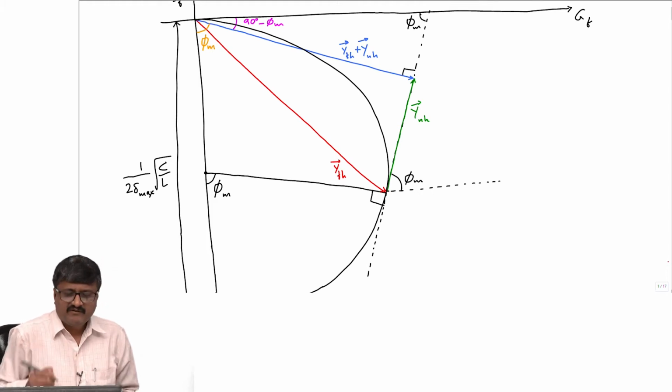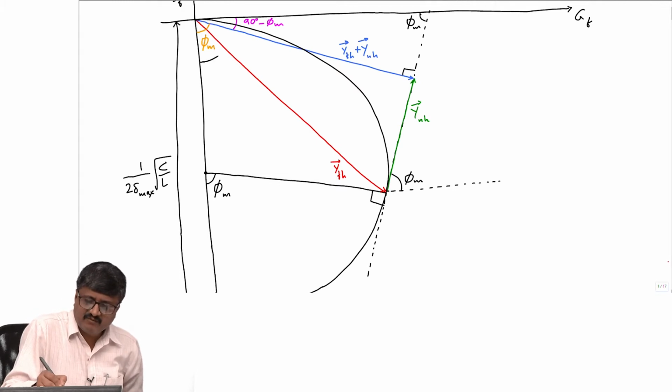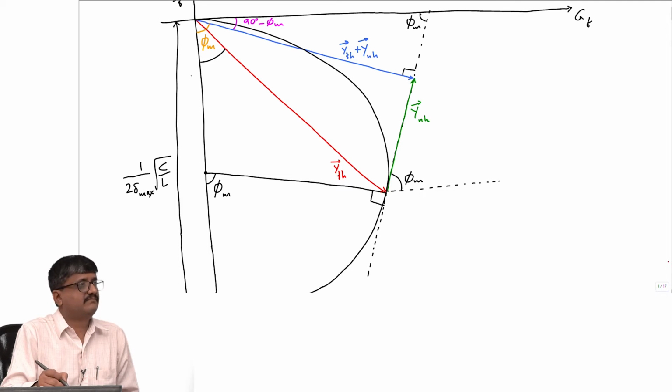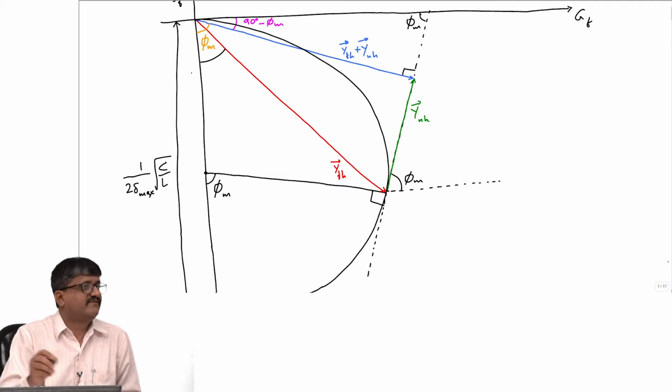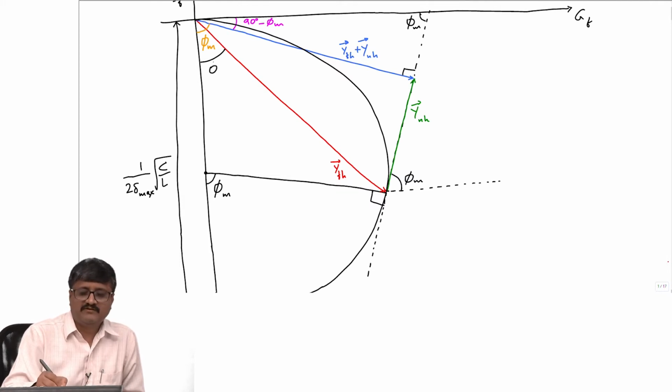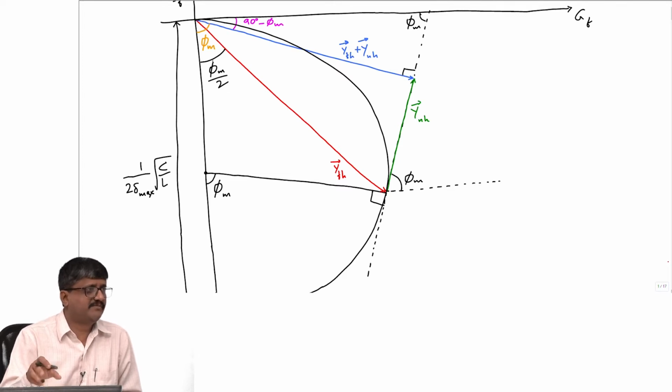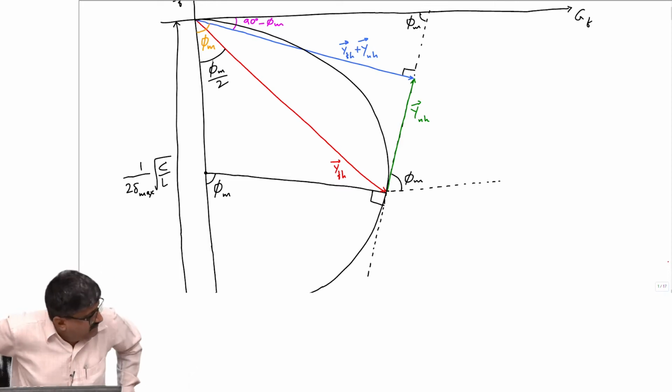Then if I take this angle, what is this? Phi m by 2. Recall what you would have studied in school geometry, nothing more than that. Phi m by 2. Okay.